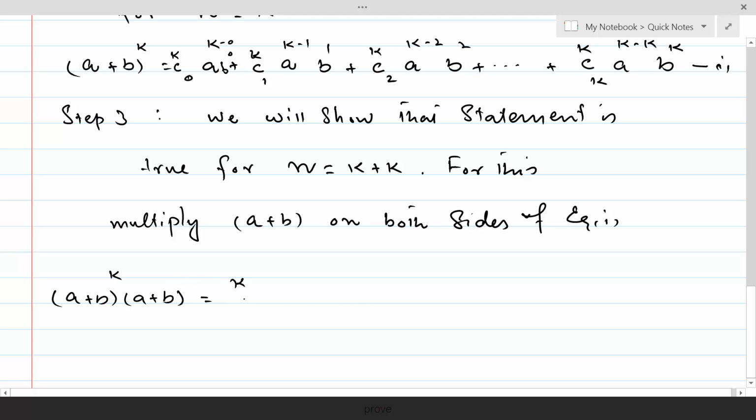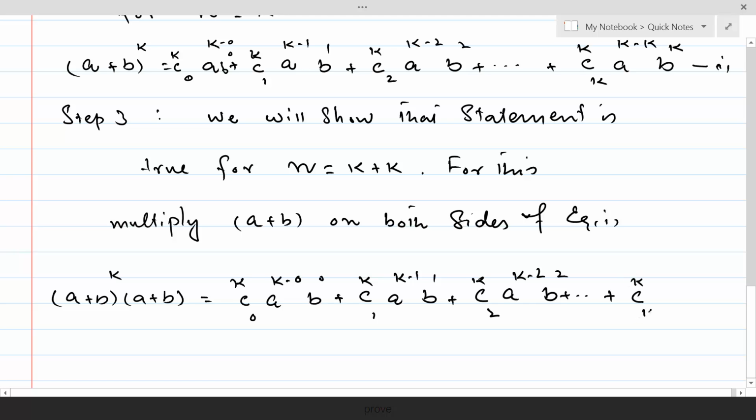And this is kC0 a^k minus 0 b^0, plus kC1 a^(k minus 1) b^1, plus kC2 a^(k minus 2) b^2, plus so on, plus kCk a^(k minus k) b^k.